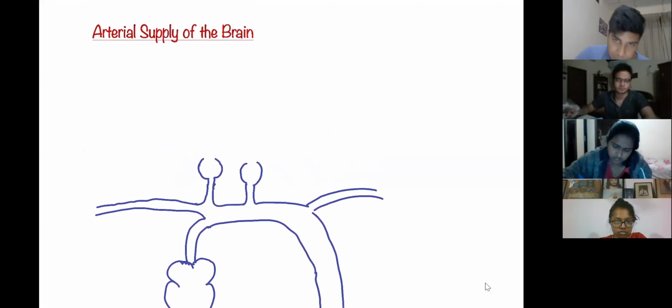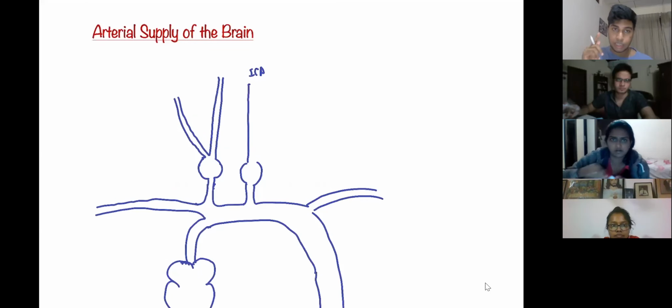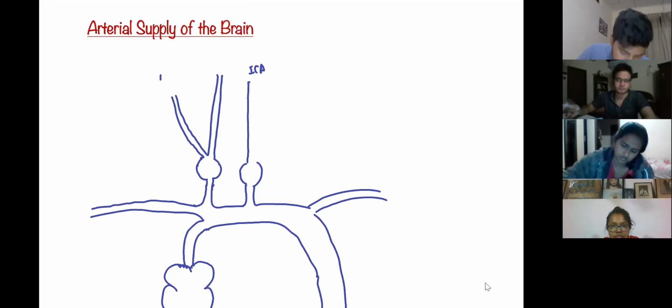That is where we have several pressure receptors, which is related to maintaining blood pressure, and we have two branches from there: the internal carotid artery and the external carotid artery. The internal carotid artery goes through a foramen, I will come to that, but basically it will go to the brain, while the external carotid artery supplies the face.